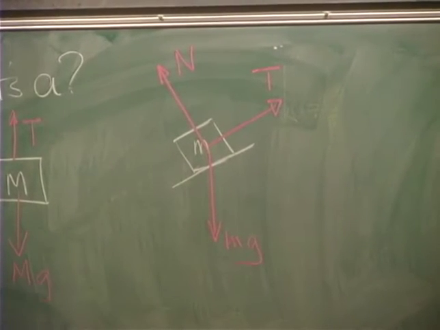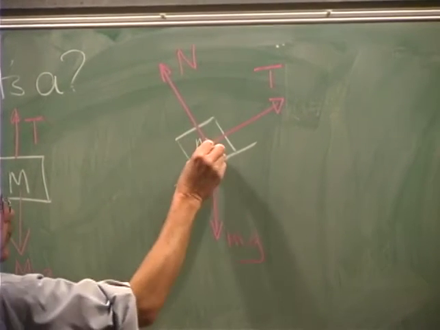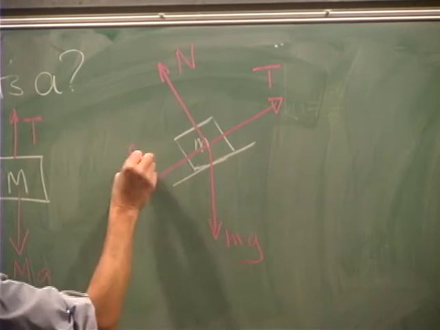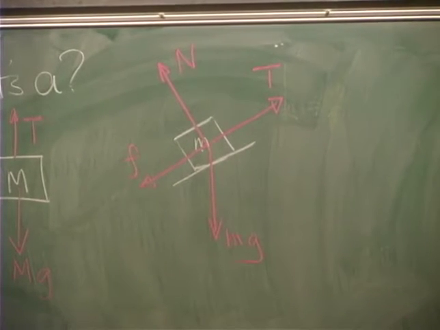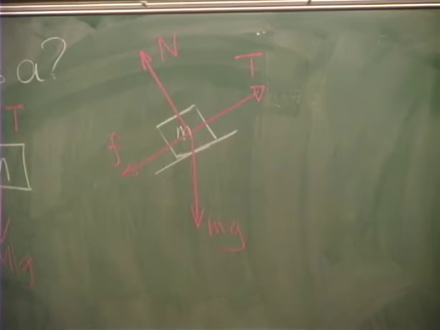Friction opposing the motion, so as it goes up the slope, friction is going to be back in that direction. And I guess that's it.